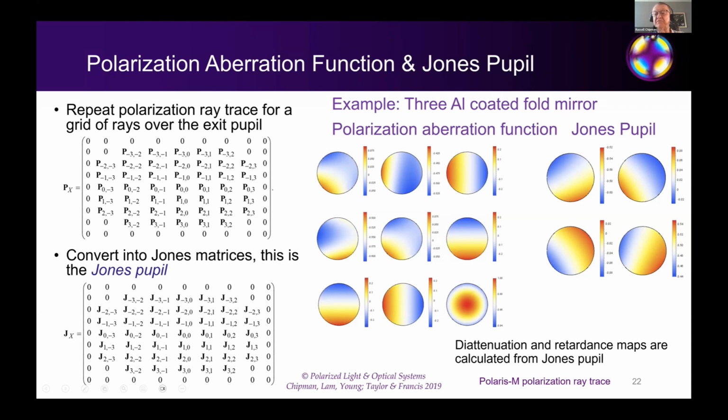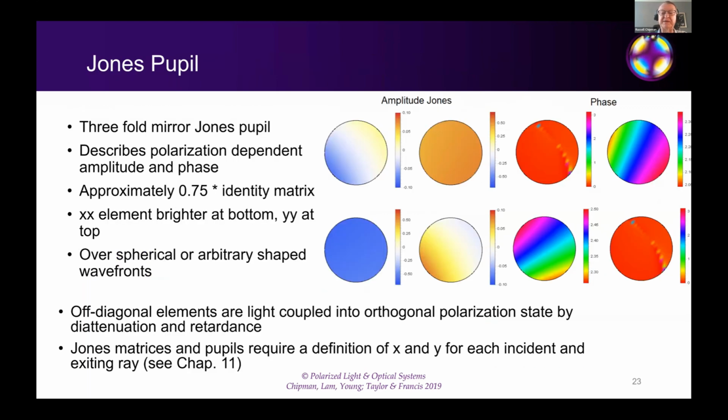So now I have written a wavefront aberration function made up of Jones matrices, and this shows the amplitudes of the Jones matrices for this three mirror system, for example. It's got an amplitude part. It also has a phase part shown over here. And so now I can send in an arbitrary Jones vector in object space. It rotates some polarizer, creates some particular incident polarization state.